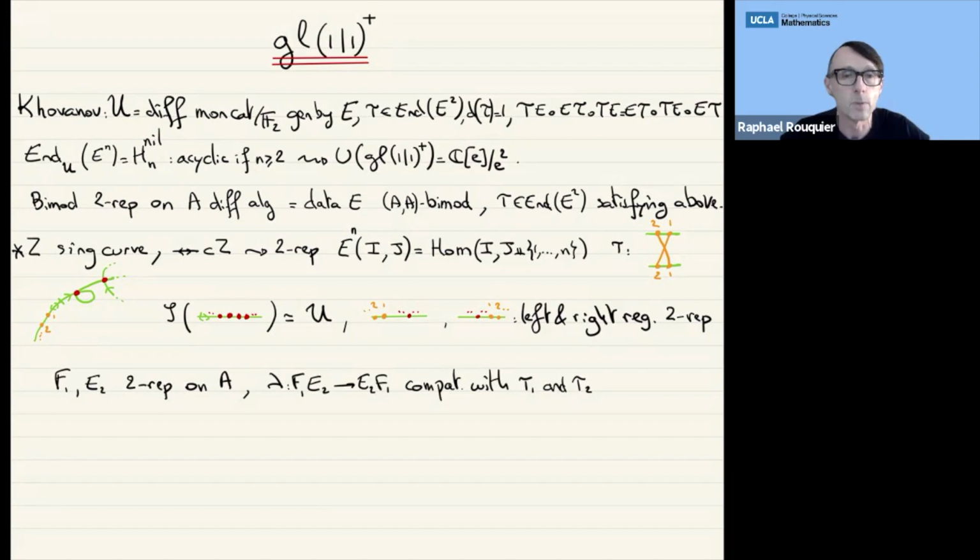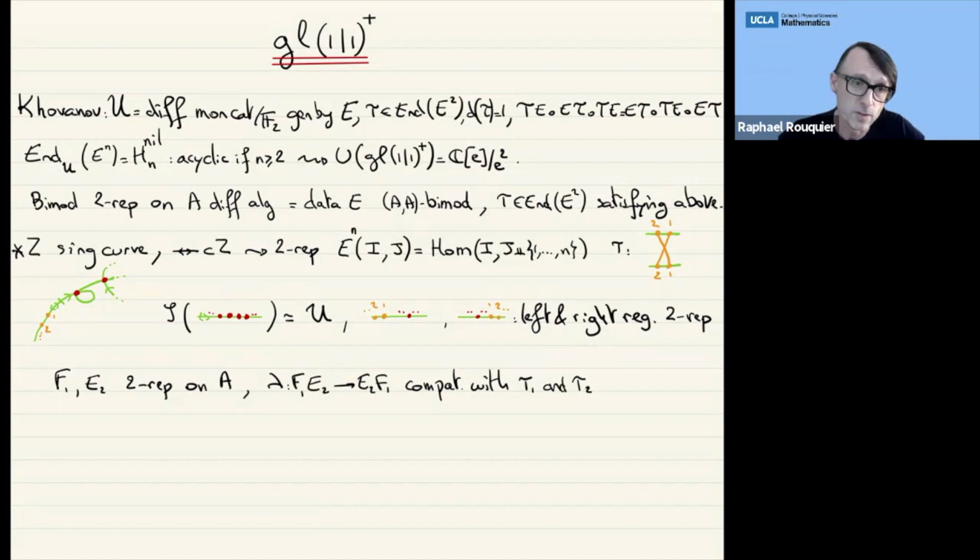So, okay, we have a notion of 2 representation of at least GL11 plus, the positive part. We have examples there. And so the idea is that this is going to be tied to a 2-dimensional field theory, where somehow gluing surfaces is going to correspond to some tensor operation for categories.